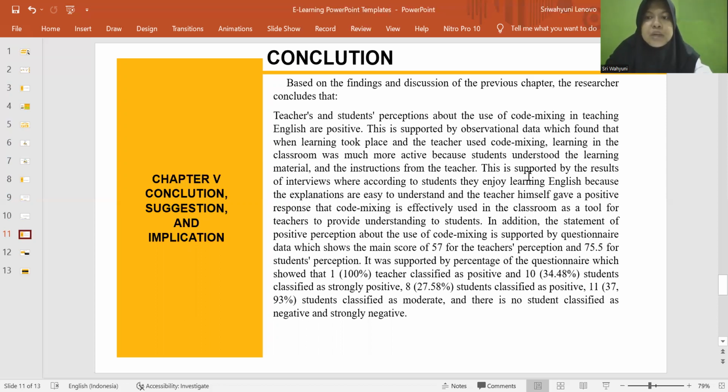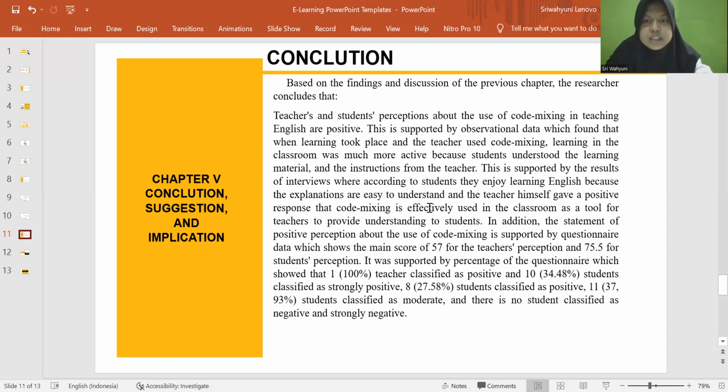This is supported by the result of interviews where, according to the students, they enjoy learning English because the explanations are easy to understand and the teacher herself gave a positive response.